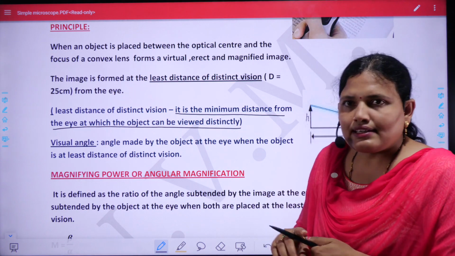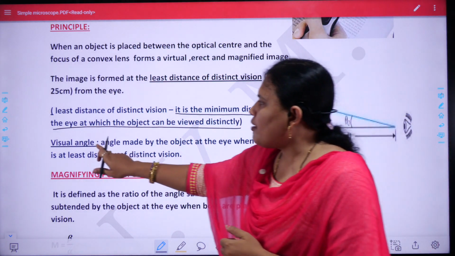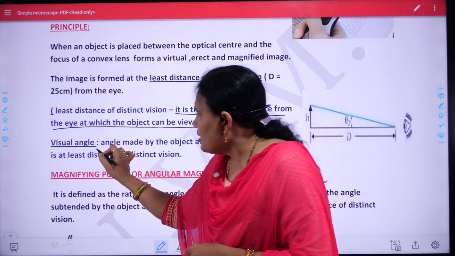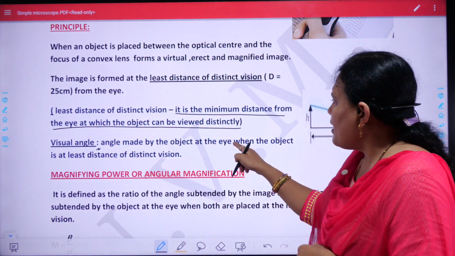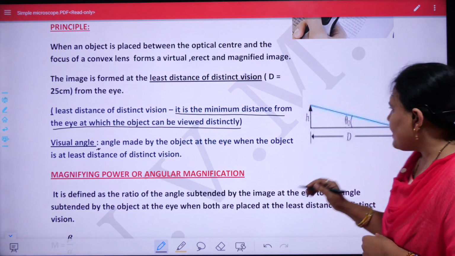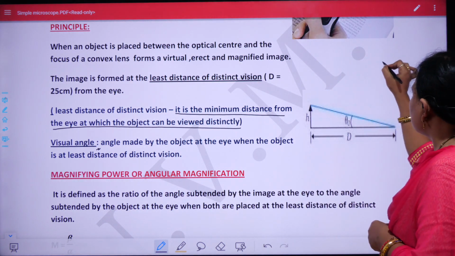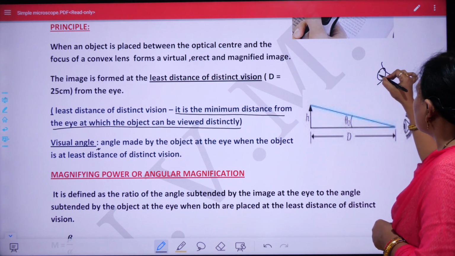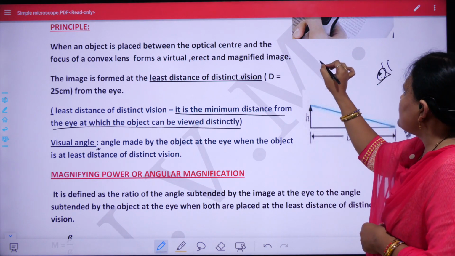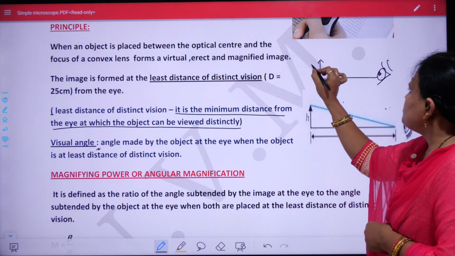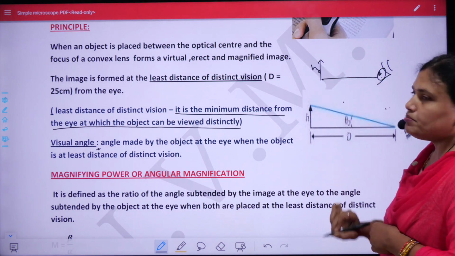In order to understand magnification, we have to understand another term, that is the visual angle. The visual angle is the angle made by the object at the eye. Suppose here is our eye, and here there is an object of size HO.